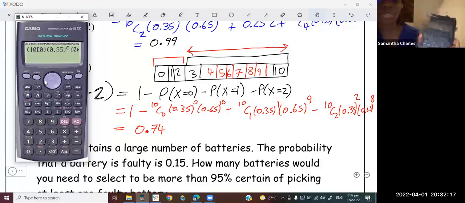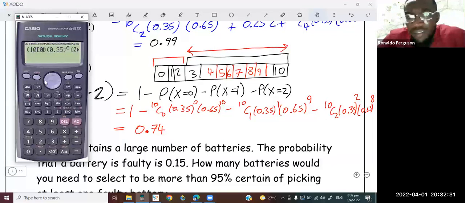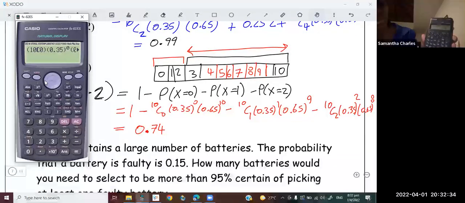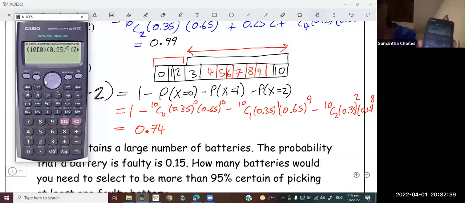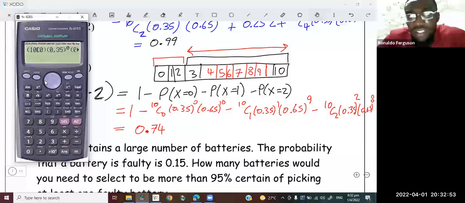All right, so it's bracket 10 NCR 0, close the bracket, times bracket 0.35 bracket, raised to the 0. Oh, I see the problem now.